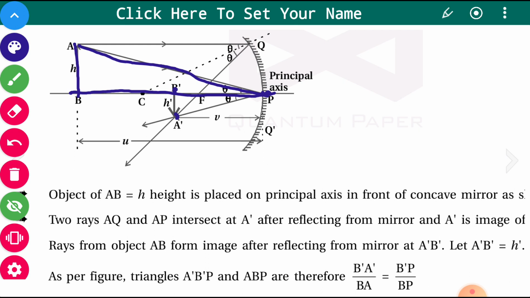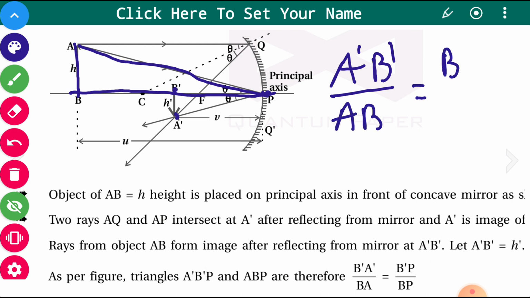So A prime B prime upon AB is equal to B prime P upon PB.